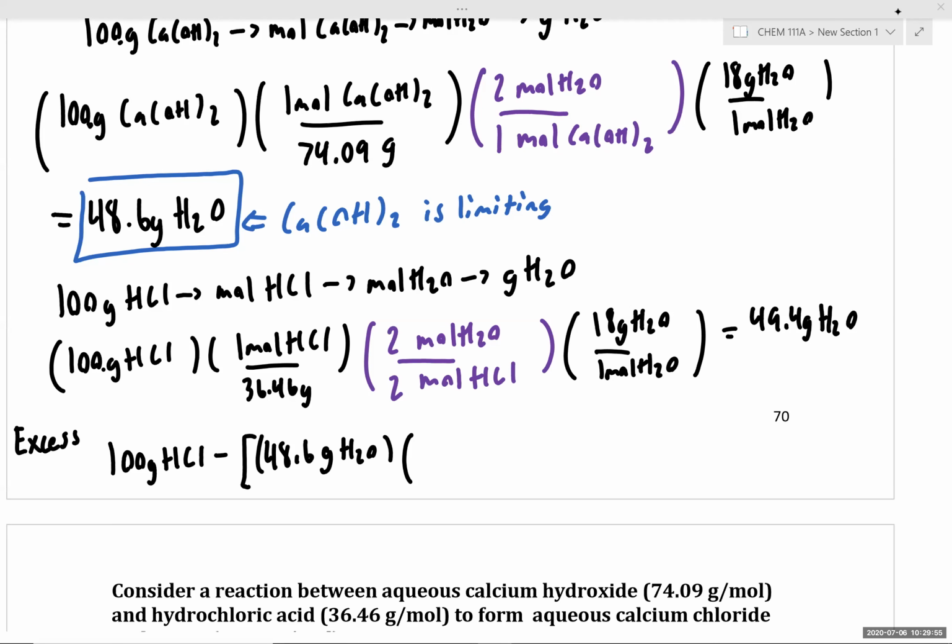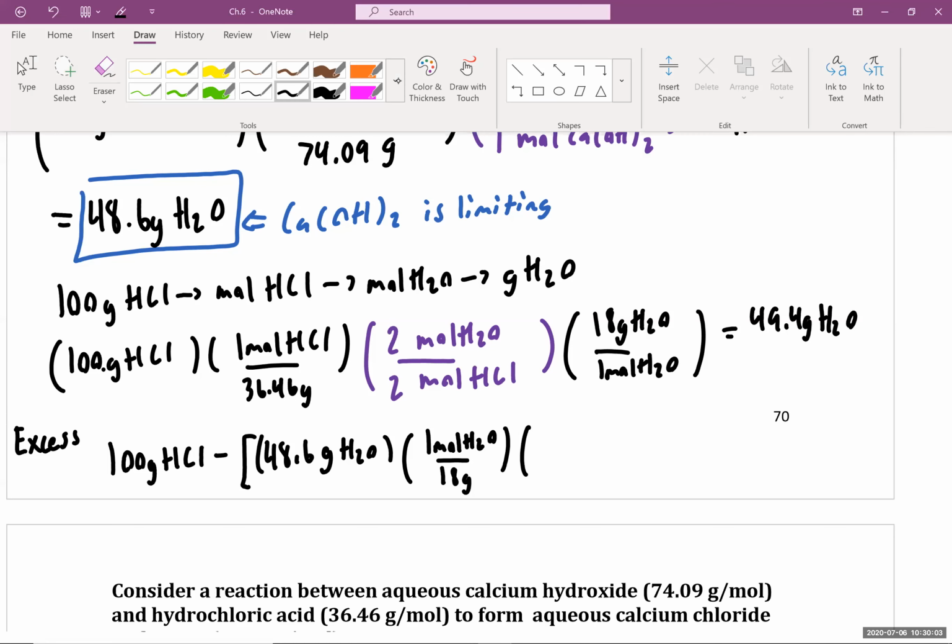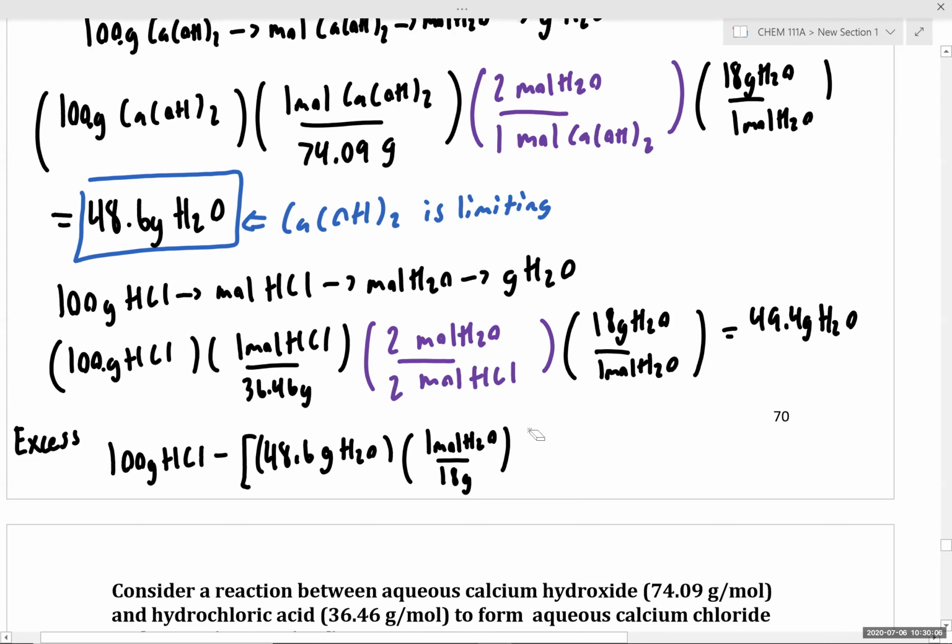So to do that, we know that in 1 mole of water, we have 18 grams. Again, we've already seen these unit mole to mole conversion factors. We know that we consume 2 moles of hydrochloric acid for every 2 moles of water.